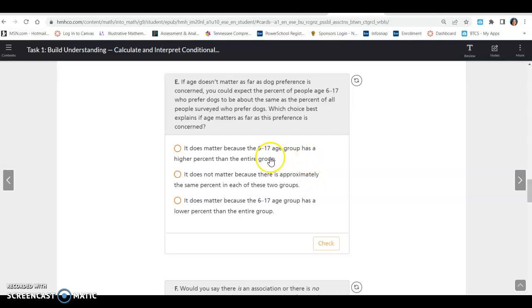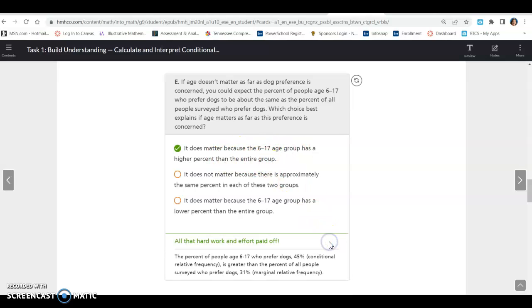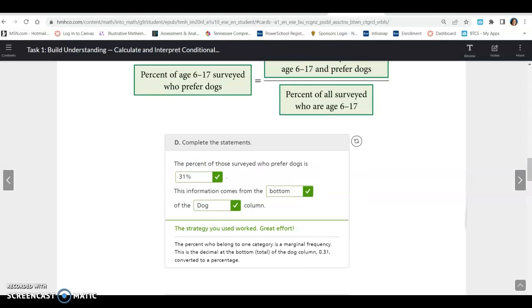It does matter because the 6 to 17 group has a higher percent than the entire group. It does not matter because there is approximately the same percent. It does matter because 6 to 17 has a lower percent. All right, so the first answer is the correct one. It does matter because this one has a higher percent than the overall group.